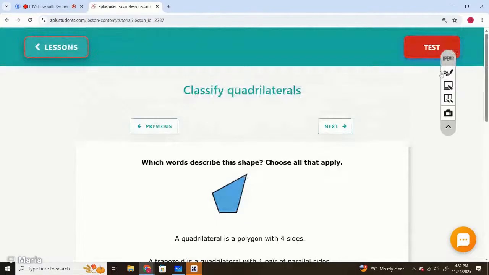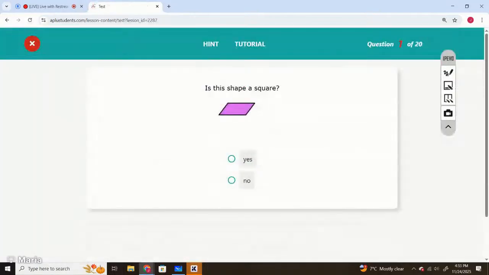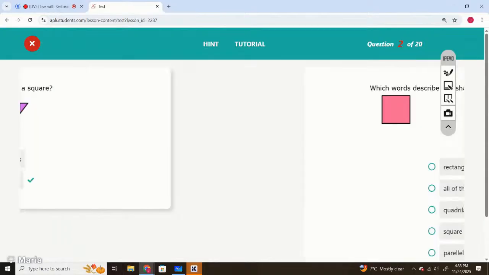Let's start with the test questions. Is this shape a square? No, that is not a square. Option number 2 is the correct option.